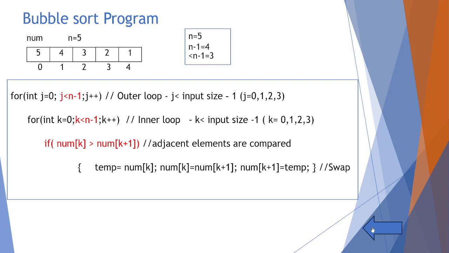Starting from 0 to 3, outer loop j less than input size, that is 5, minus 1 means it works for 4 times, 0, 1, 2, 3.